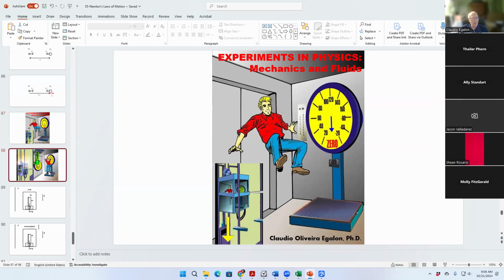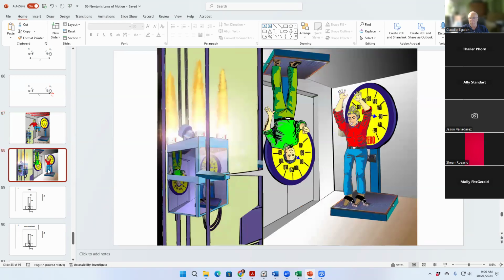And here we have another illustration, but in this case it's negative G. We have two guys here, both using a scale, right? And in this case, the elevator is being accelerated. I put some rocket engines here in the elevator, so it can accelerate at a rate faster than the acceleration of gravity.